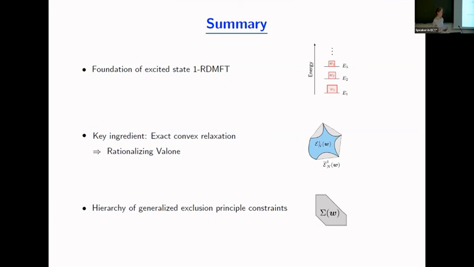This also emphasizes again that our 1RDMFT is exactly the same, and we just contain ensemble ground state 1RDMFT as a special case. And then in the last part of the talk, we discussed a new hierarchy of generalized exclusion principle constraints, which arose from describing the domain of our functional.